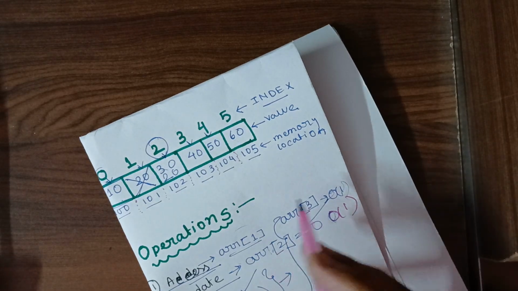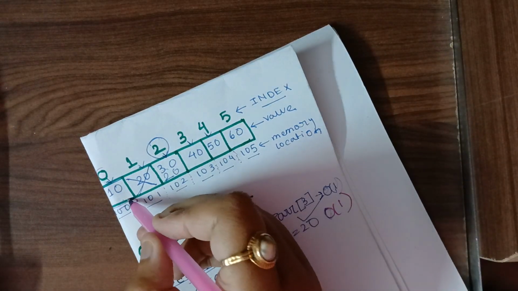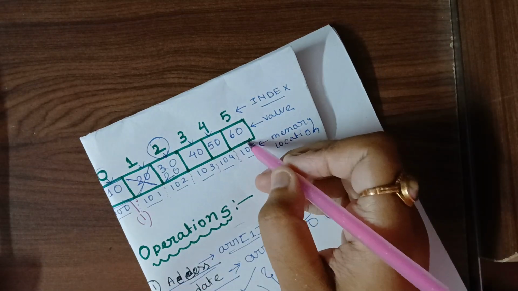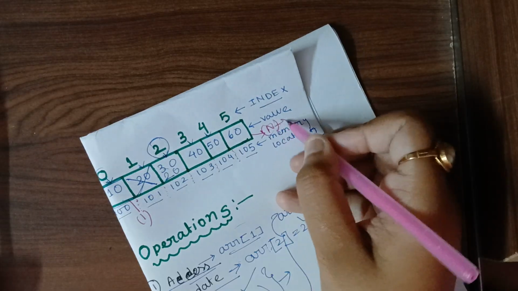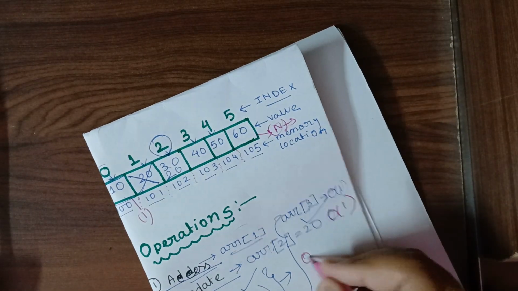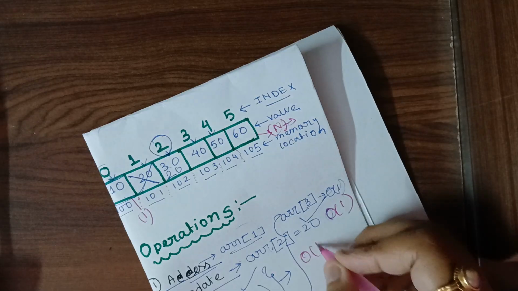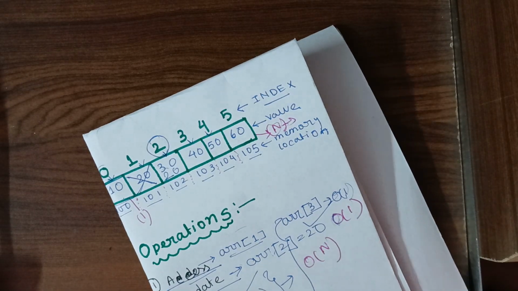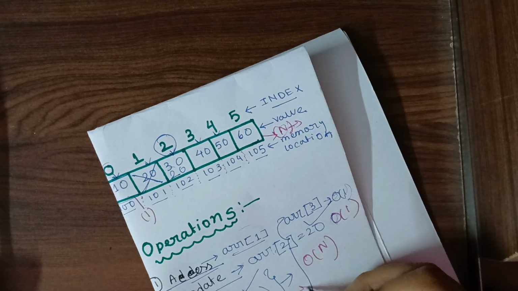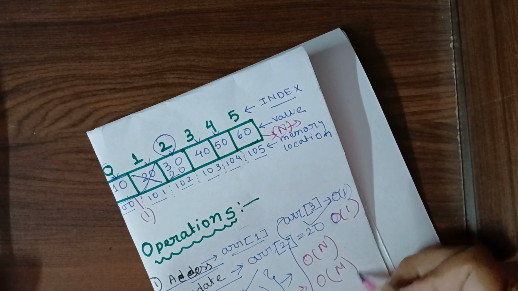For the best case, the time complexity is 1. But for the worst case, I need to go to the last element, so the time complexity is n. N means the size of the array. And for traverse, we need to traverse the whole array, so the time complexity is O of n.